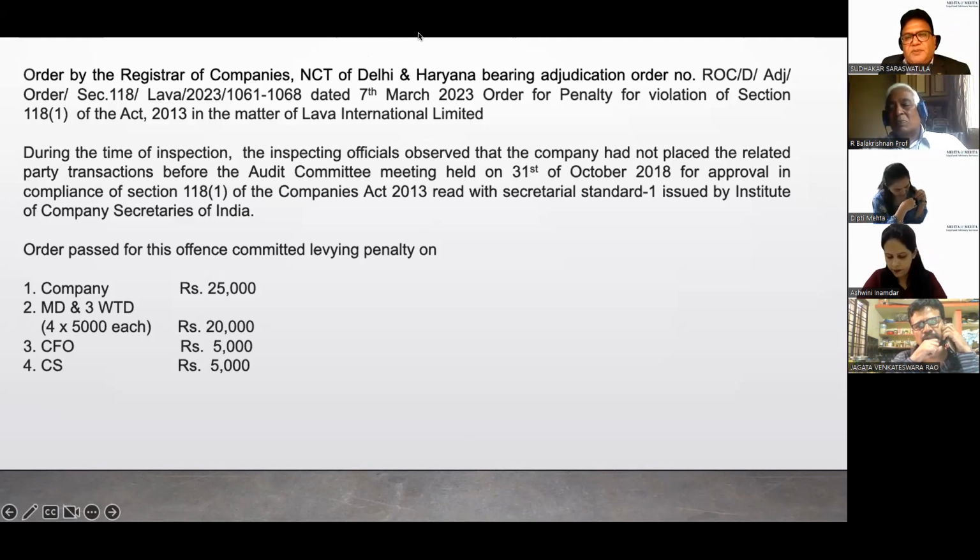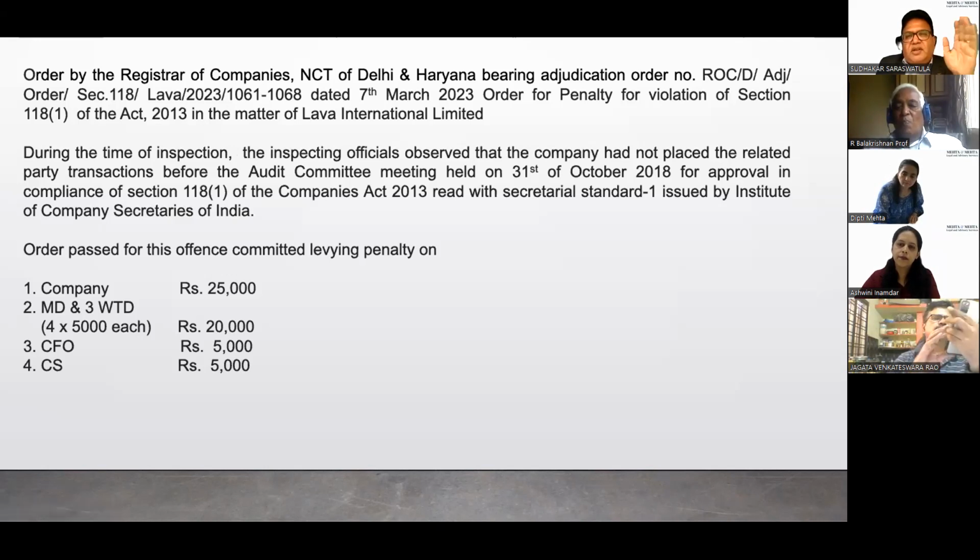And a couple of days before, there was a news item that ROCs are now being made free because most of the forms will go in the automatic route. You don't need to go through scrutiny and all those things. So they want to make the ROCs, deputy ROCs and all free so that they will be able to focus on the non-compliances. So the scrutiny is going to be more from now onwards.